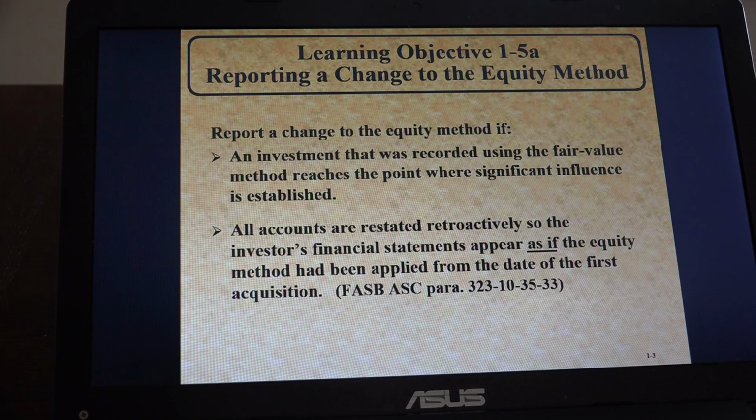And then you've got your fair value as of January 1, 14, 15, and 16. Notice that as of January 1, 2016, there is an increase of $130,000 in the fair value of this investment.